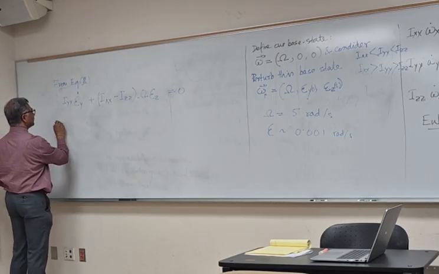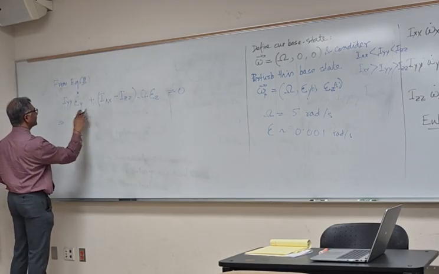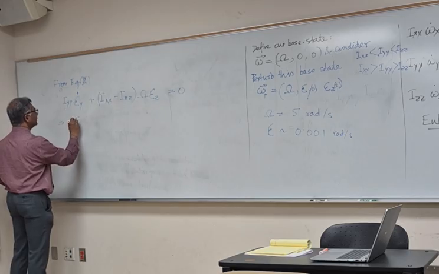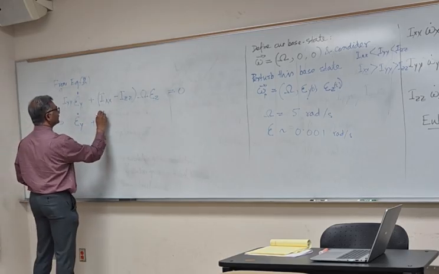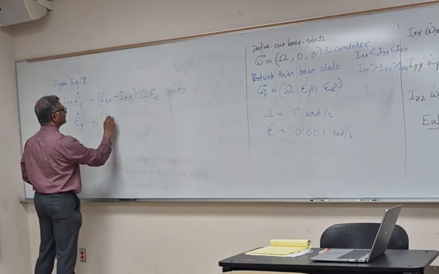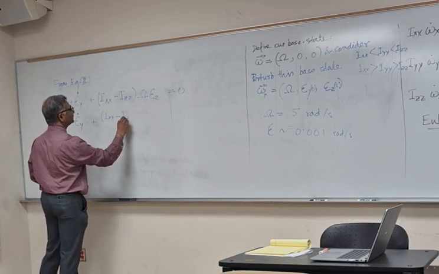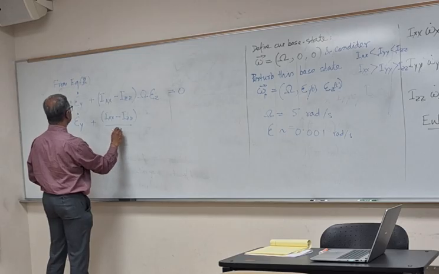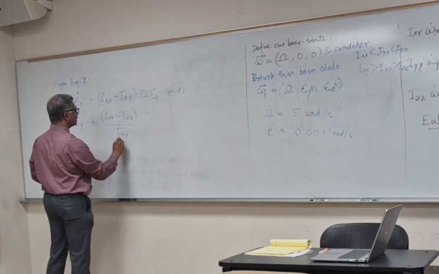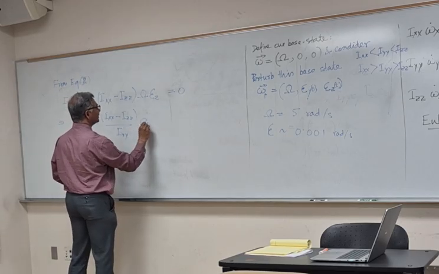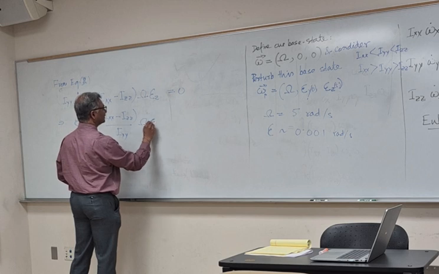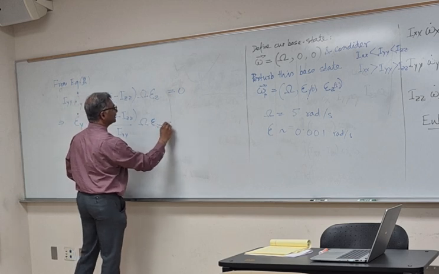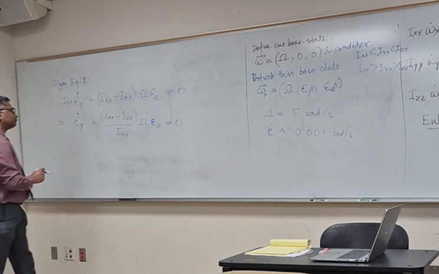From here I divide both sides by Iyy. So epsilon y dot plus (Ixx minus Izz) divided by Iyy times Omega epsilon z equal to 0. Agreed?